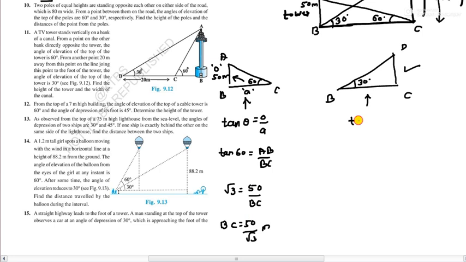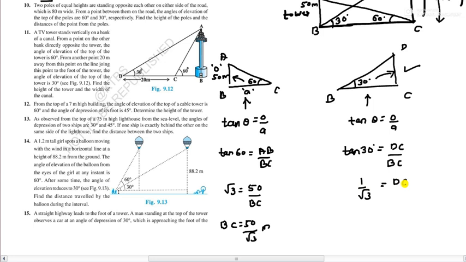Now using this triangle, tan theta is O by A. Here opposite is this DC and BC is adjacent. And since they have given tan 30, let me write it as it is. So this is 1 by root 3.